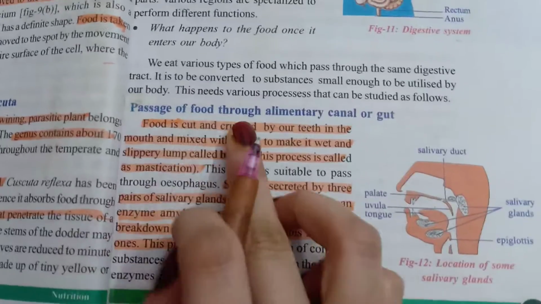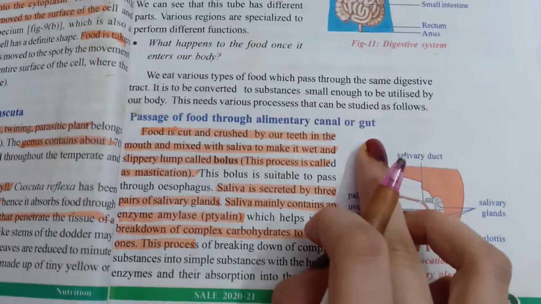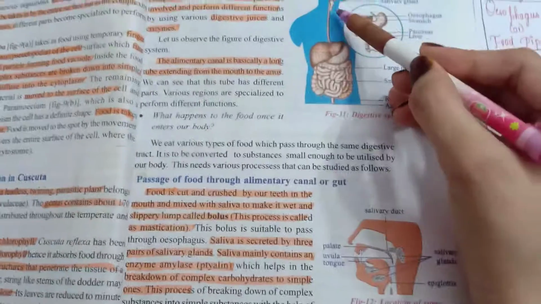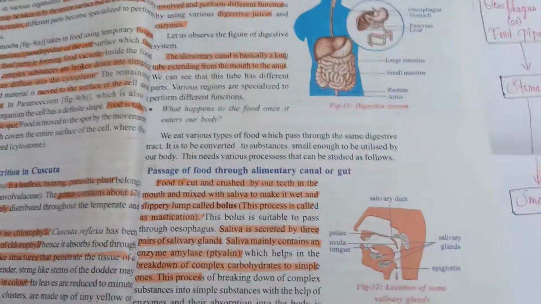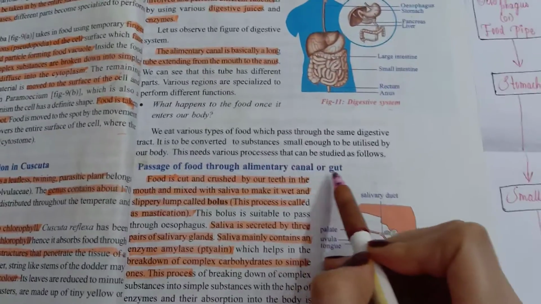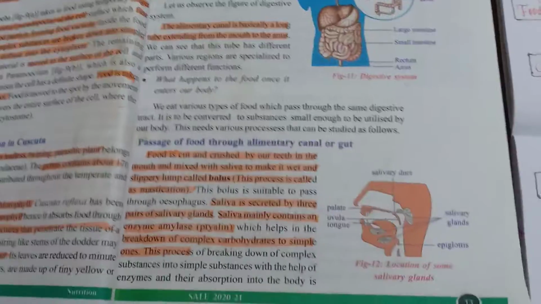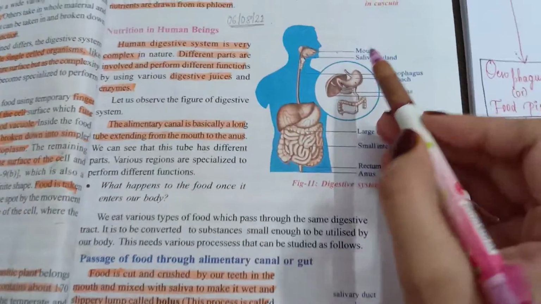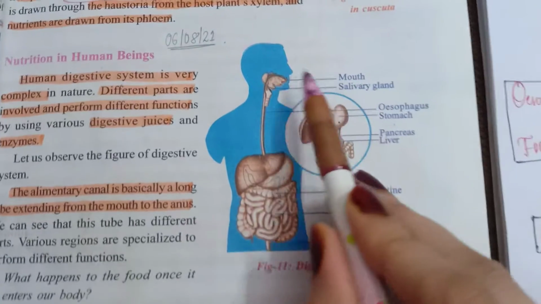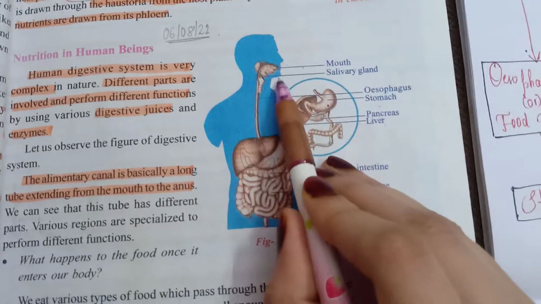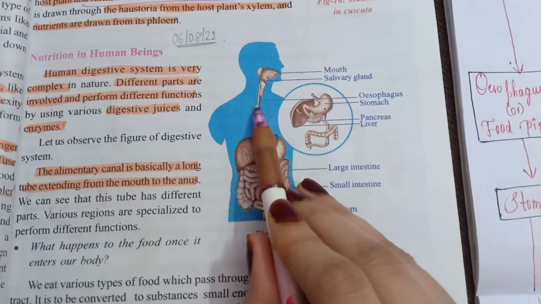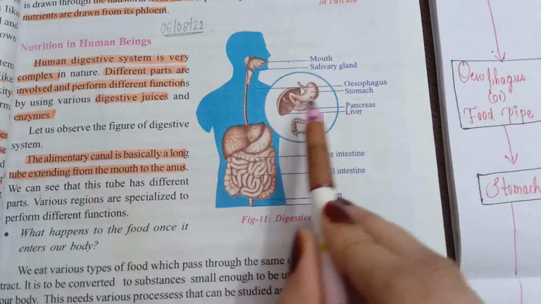The passage of food through the alimentary canal, or gut. Here passage means the direction of the food through the alimentary canal. The food first enters from the mouth, where it is mixed with saliva, and it passes to the esophagus, and then to the stomach.